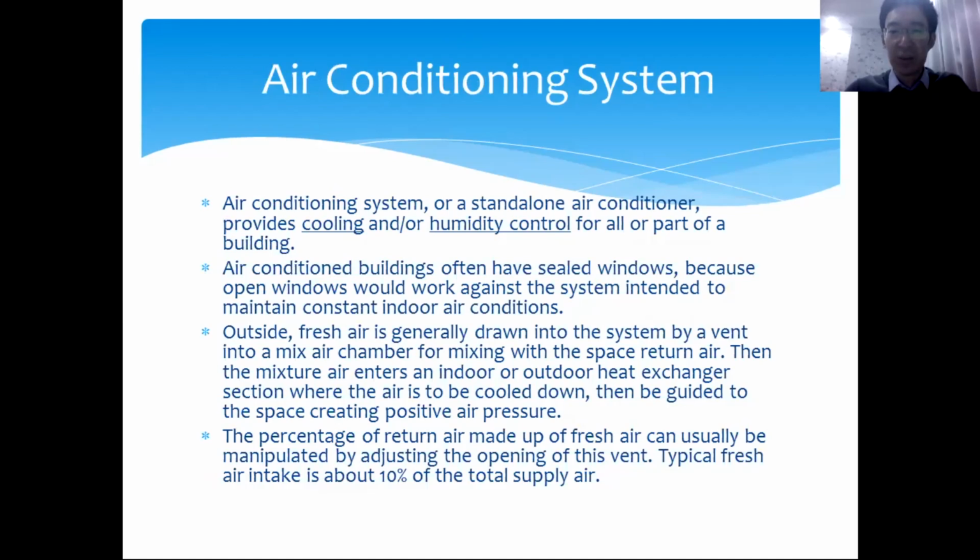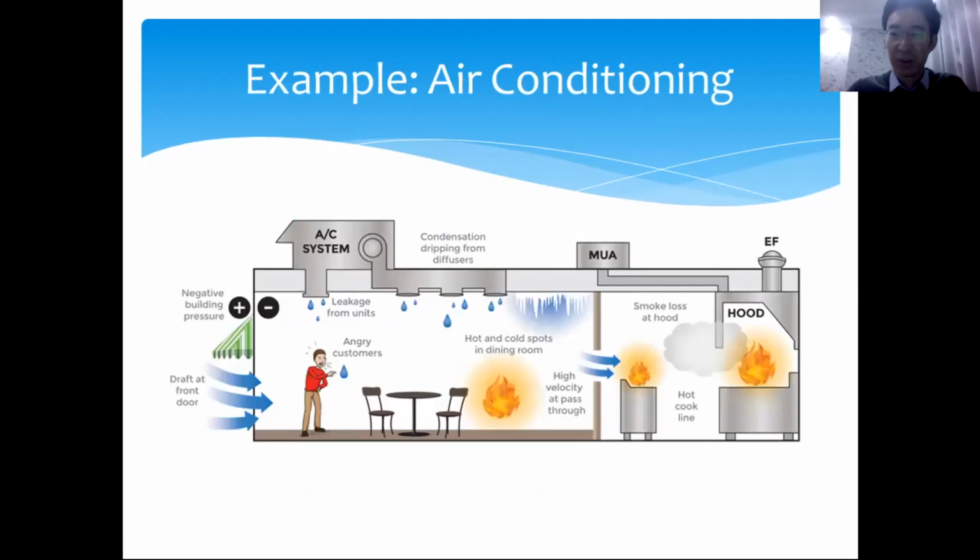When it comes to the air conditioning system, again, we have cooling and humidity control. It's not about heating, it's about cooling and humidity control. As we mentioned, typical fresh air intake is about 10% of the total supply of air.